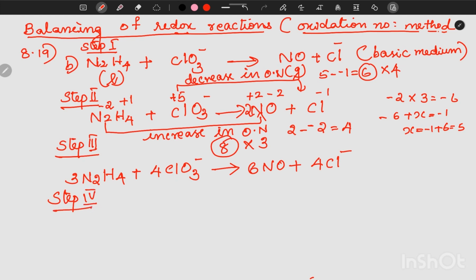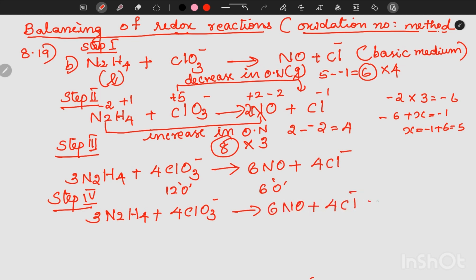For balancing oxygen atoms, we can add water molecules. On the left hand side we have 12 oxygen atoms, whereas on the right hand side we have 6 oxygen atoms. So we need 6 more oxygen atoms on the right hand side. For that we can add 6 water molecules on the right hand side. So 3N2H4 plus 4ClO3 minus gives 6NO plus 4Cl minus plus 6H2O.